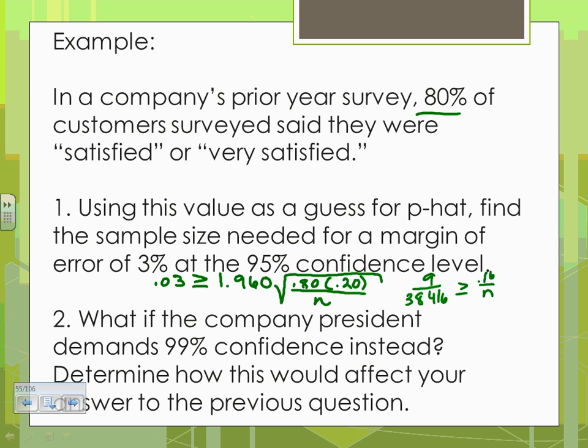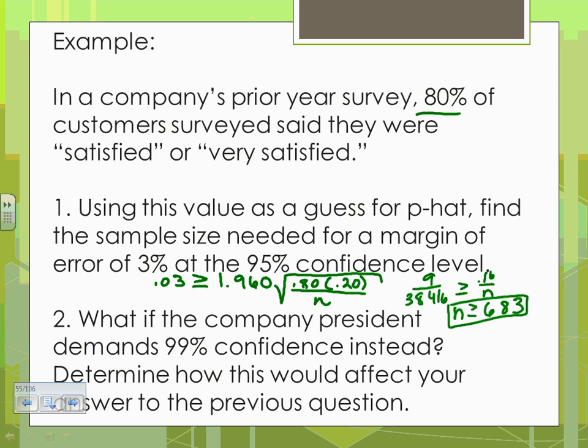Cross multiply times 38416 and divide by 9. So here I see that n is going to be greater than or equal to 682.9 something, so we always have to round up. So n has to be greater than or equal to 683.